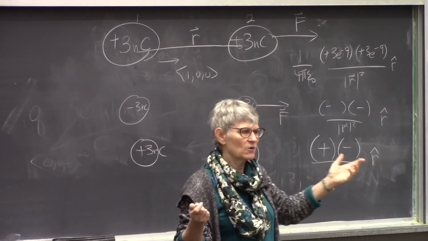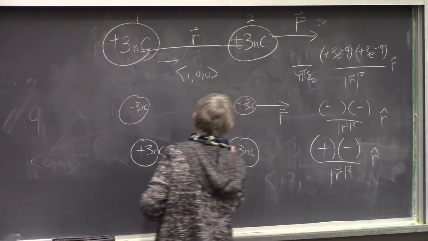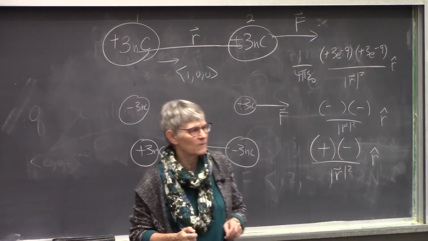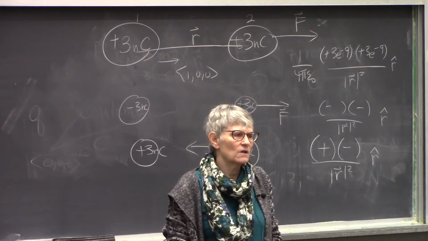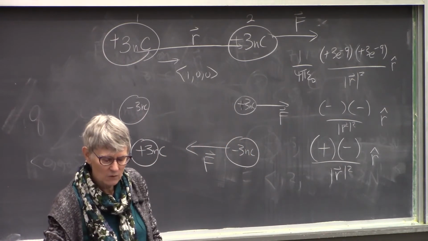So the vector ends up going the other direction, and we do, in fact, end up with the force going in the right direction. So it looks like this equation captures the electric force correctly.